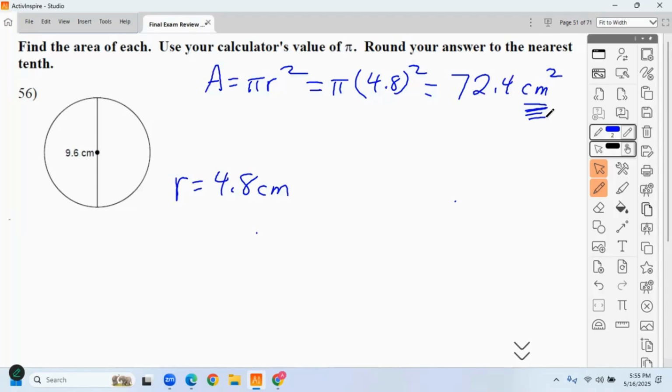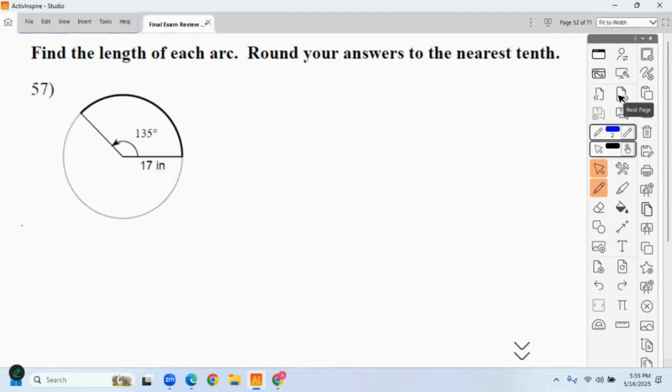Let's go a little further. Now this one, number 57, a lot of people missed this. It says find the length of the arc, right? It's kind of like finding the circumference, which is the length around. But you're not finding the whole thing. You're just finding a piece of it, right?